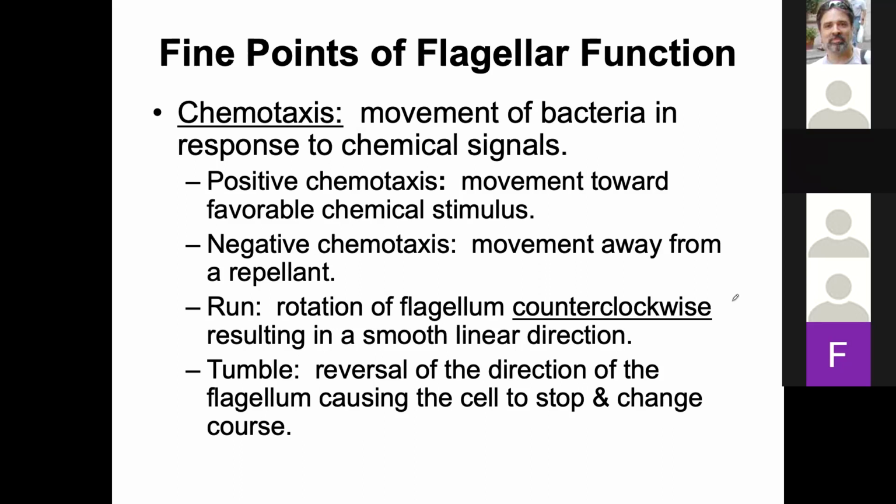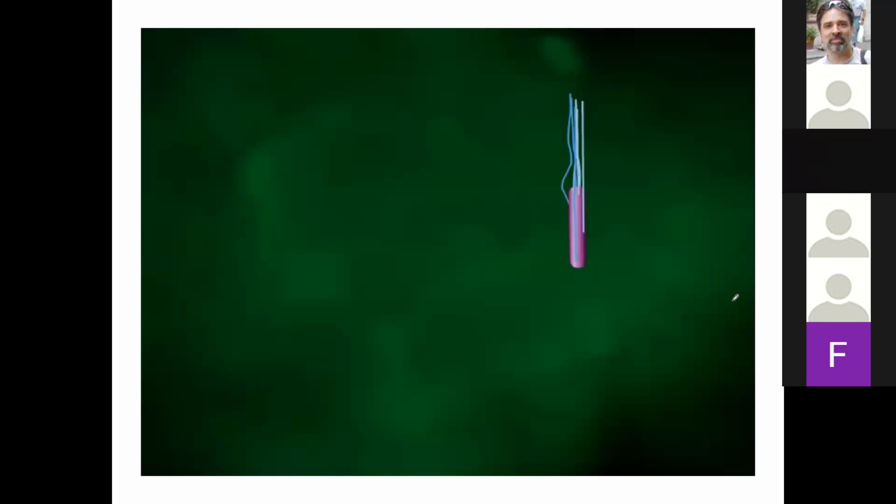So what's driving this is a series of chemical reactions that take place inside the cell. What follows here is just a discussion of the mechanism whereby the flagella work.